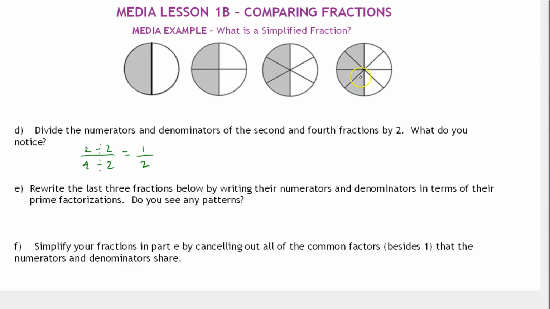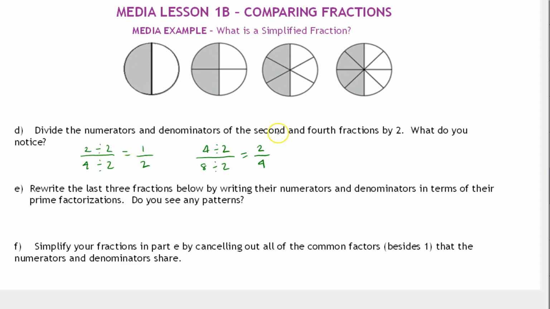The fourth fraction was 4/8. And we're asked to divide the numerator and denominator by 2. 4 divided by 2 is 2, and 8 divided by 2 equals 4. So you can take a second and see what patterns you see here. What I'm noticing is that 2/4 simplified to 1/2 in one step.